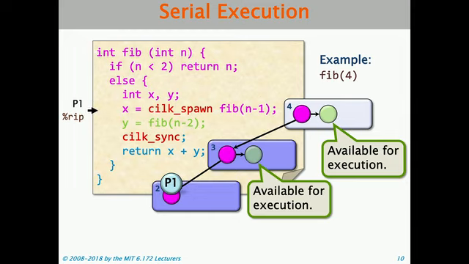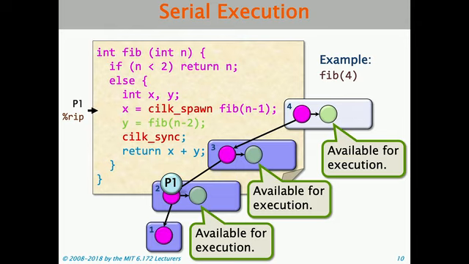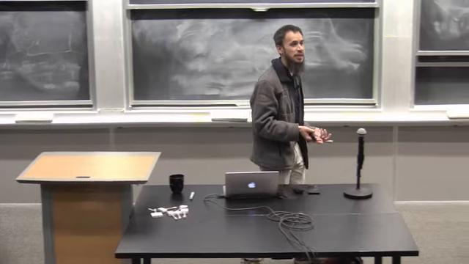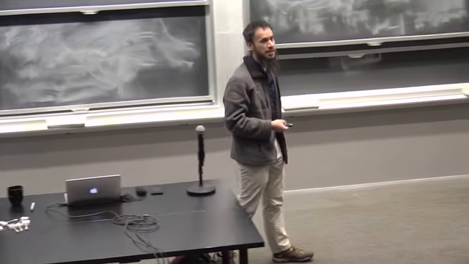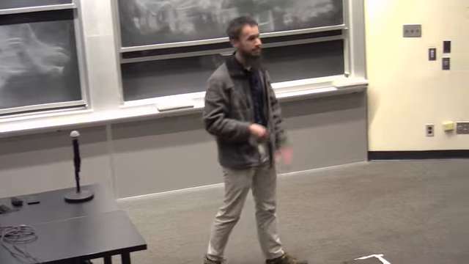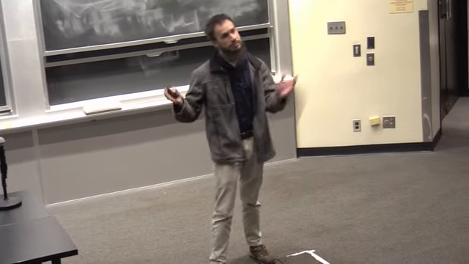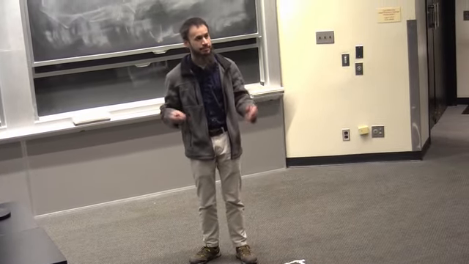P1 executes up to the spawn. Once again, we get another strand to execute, as well as an invocation of fib of 1. The processor dives even further. So that's fine. This is just the processor doing more or less ordinary serial execution of this fib routine, but it's also allowing some strands to be executed in parallel. This is the one processor situation. Looks pretty good so far.